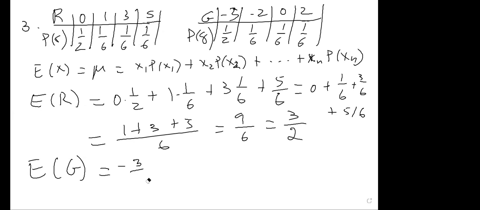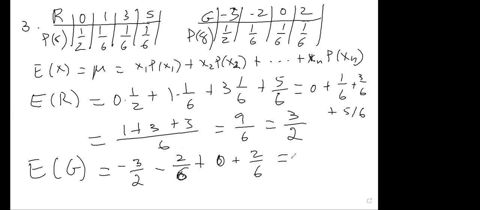You see where I'm getting the 2? Minus 3 times 1 over 2. Minus 3 over 2. Minus 2 over 6. That is 2 times 1 over 6. Plus 0. Plus 2 over 6.